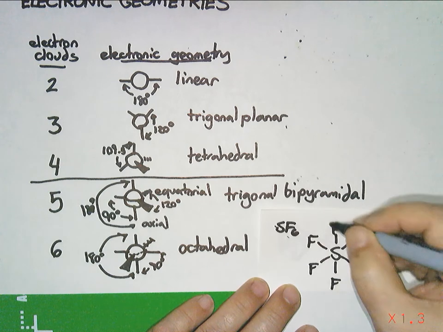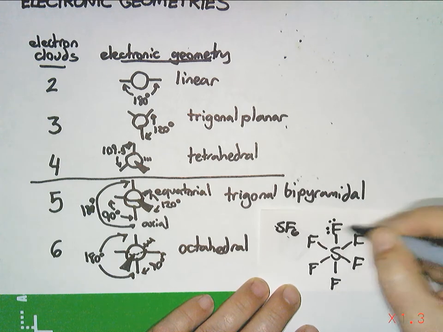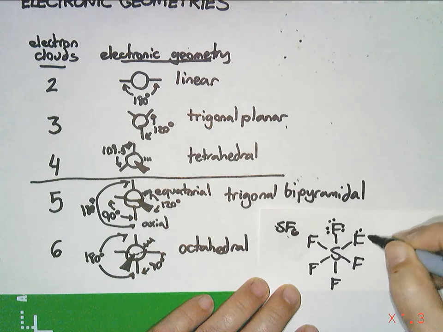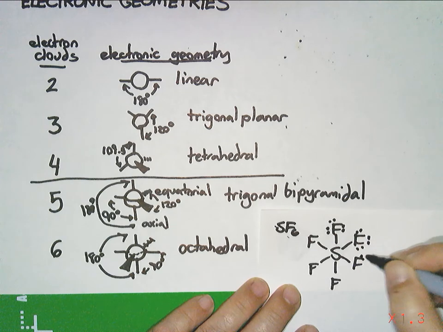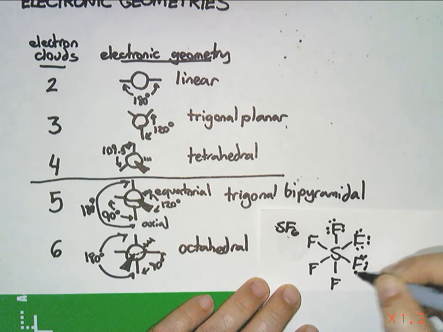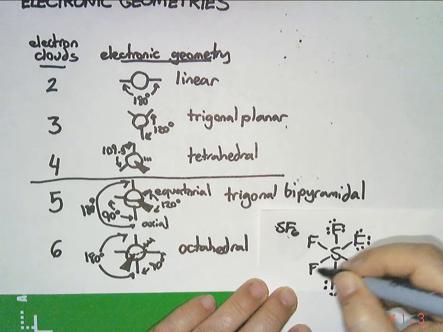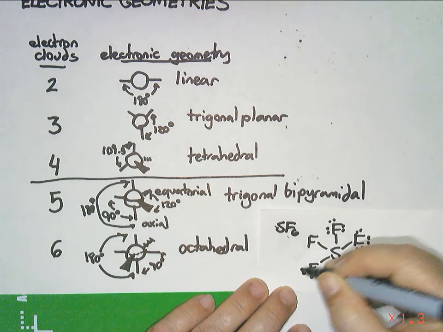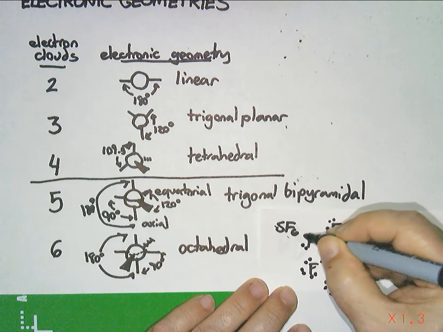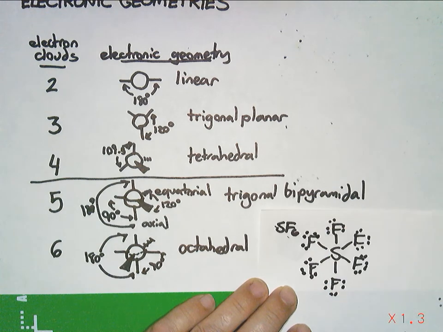See if you can go through the step-by-step procedure and get the same structure I'm getting here. If you look at how many things you've got around the central atom, you've got 6 bonds.